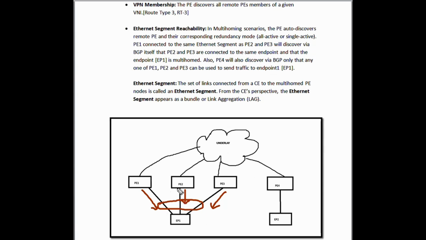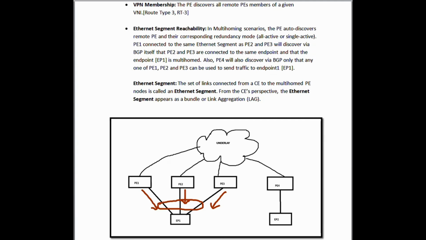From the leaf switch point of view, this set of links is called an Ethernet segment. If you have to define the term Ethernet segment, it's the set of links connected from the customer edge device to the set of multi-homed provider edge devices. From the point of view of the customer edge device, it's basically a bundle link or aggregation link. But from the provider edge device or the leaf switch, we call it an Ethernet segment.